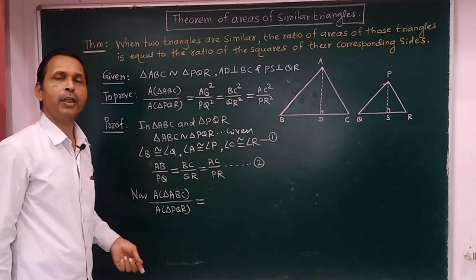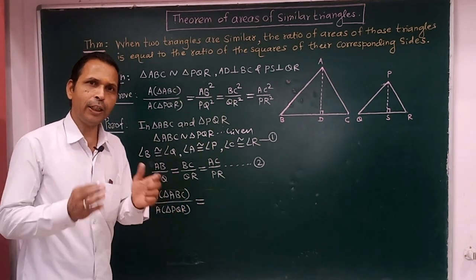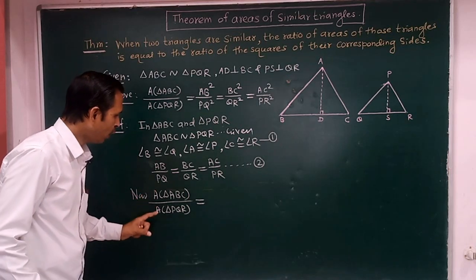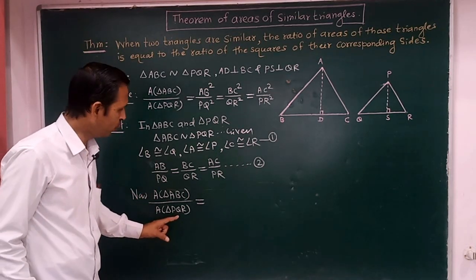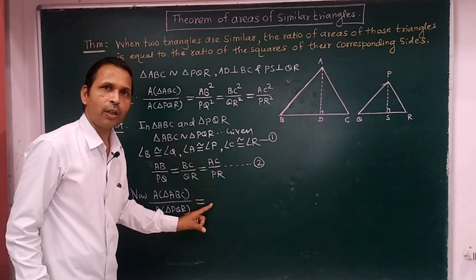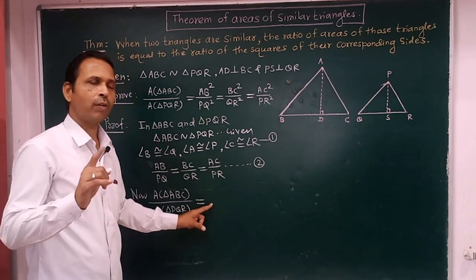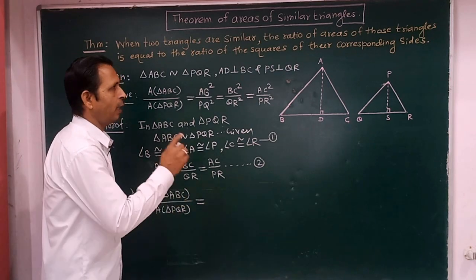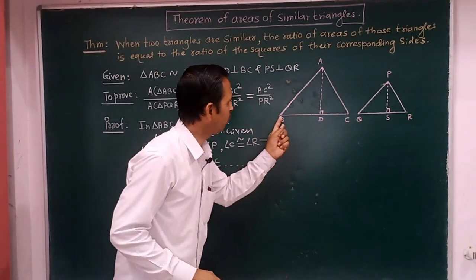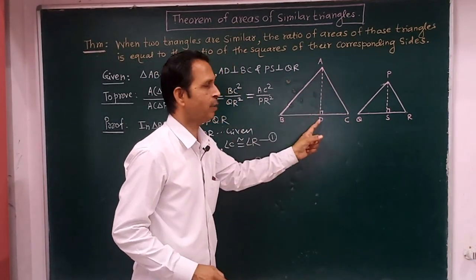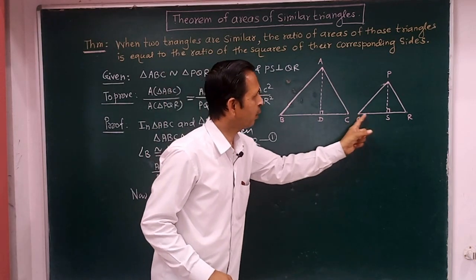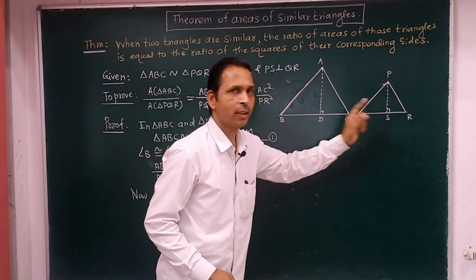By the property of triangles, the ratio of areas of any two triangles is equal to the ratio of the product of corresponding base and height. For this triangle, BC is the base and AD is the height. For this triangle, QR is the base and PS is the height.